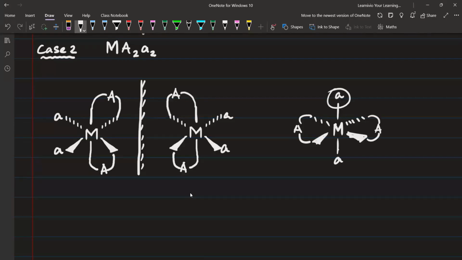As you can see, there are two same ligands opposite to each other. So this will have a plane of symmetry. Therefore, no optical isomer. ठीक है? But both of these are optical isomers and these are enantiomers to each other.